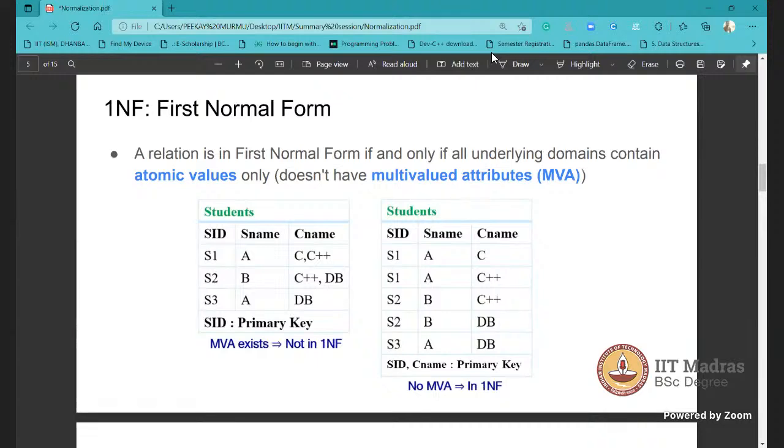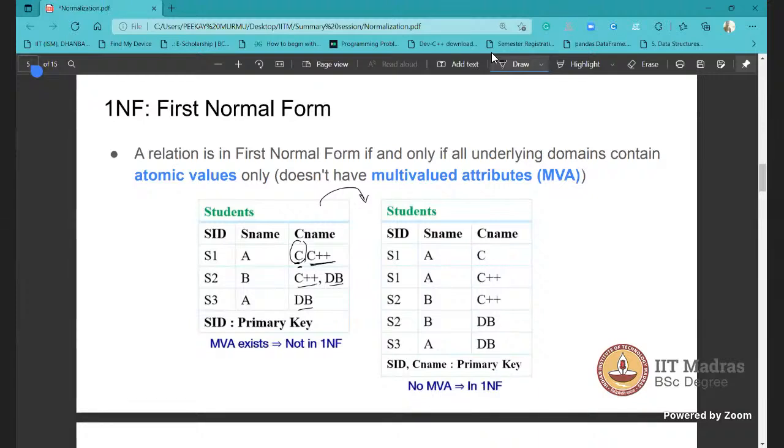You can see this C, the course, is a multi-valued attribute. So multi-valued attributes are not allowed in the first normal form. For that we simplify it: for each value we give a separate row.